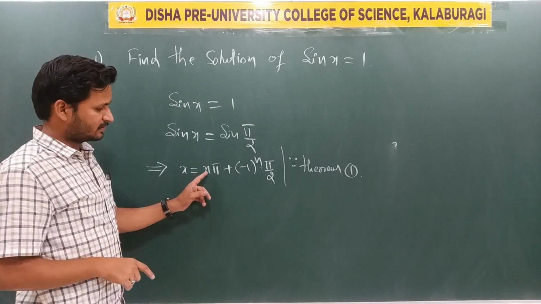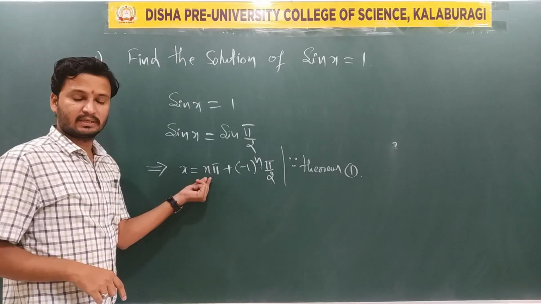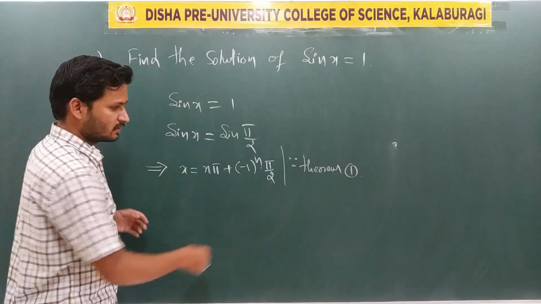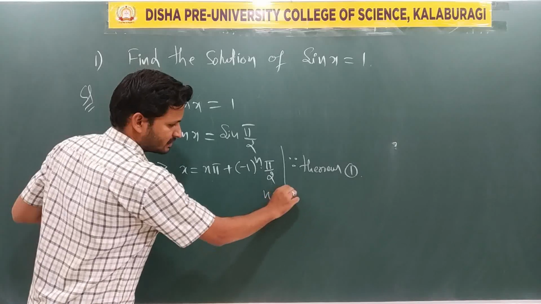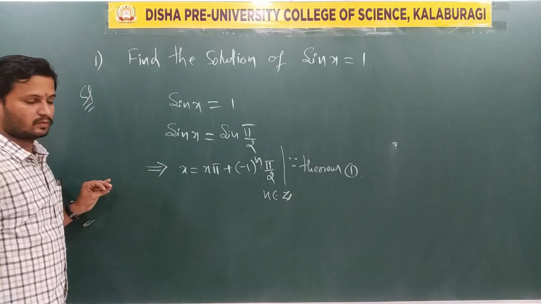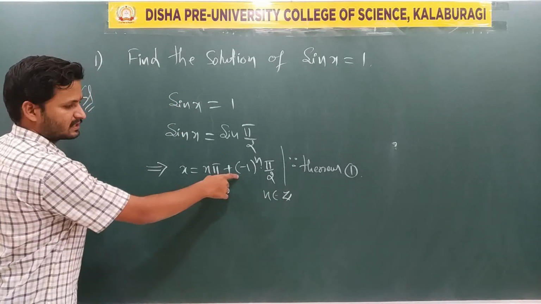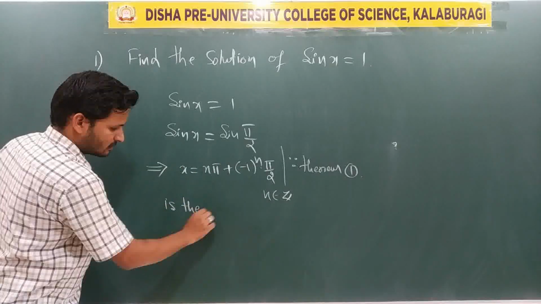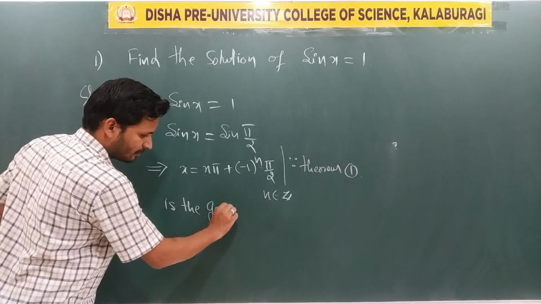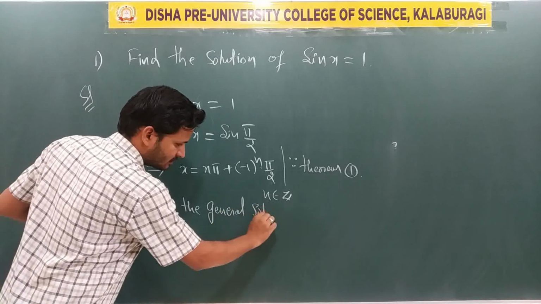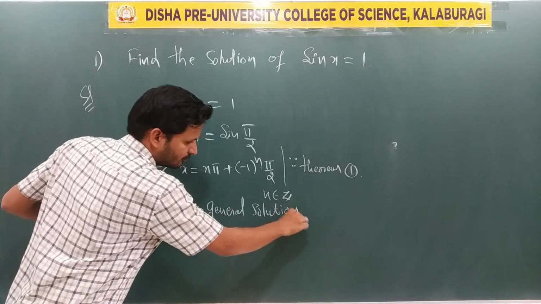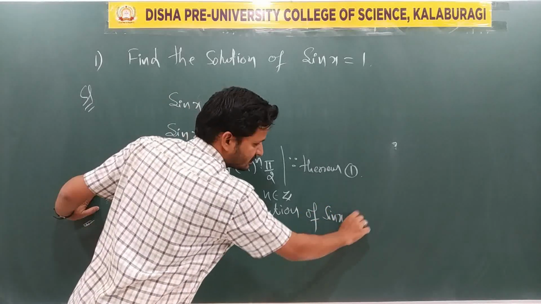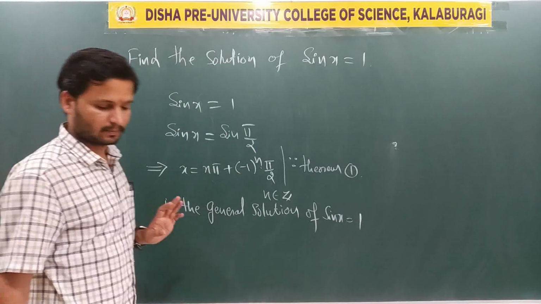Here n is an integer, you can take any values: 1, 2, 3, 0 and so on. So n belongs to the set of integers. So x equals n pi plus minus 1 to the power n into pi by 2 is the general solution of the given trigonometric equation sin x is equal to 1.